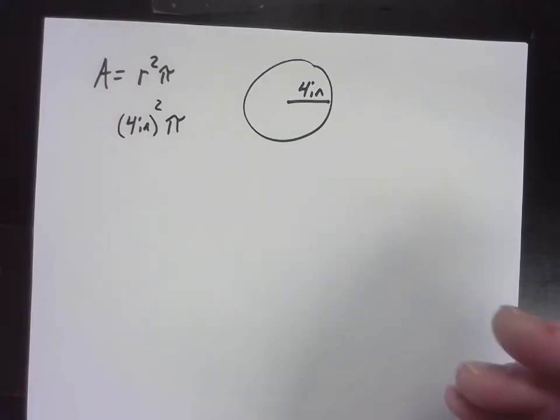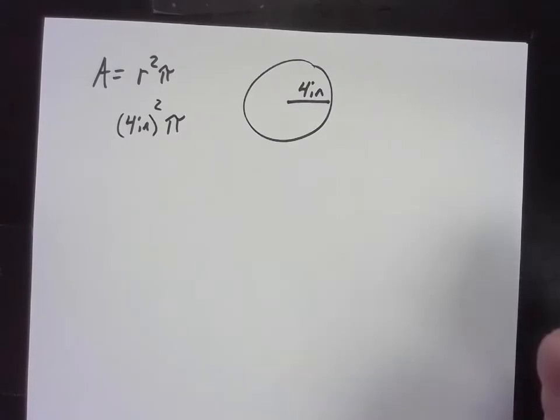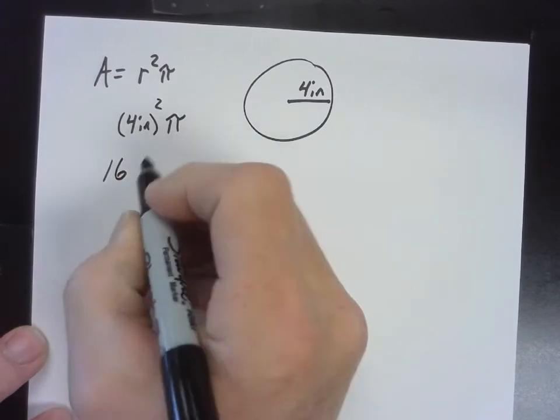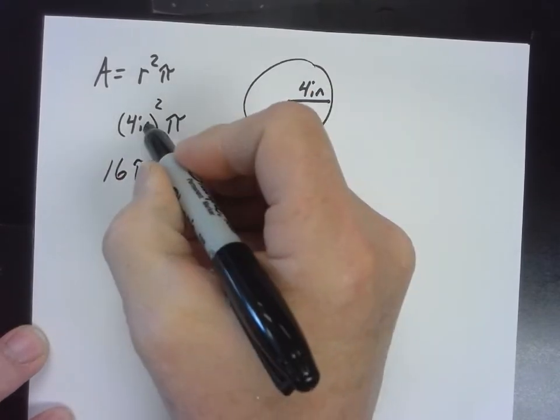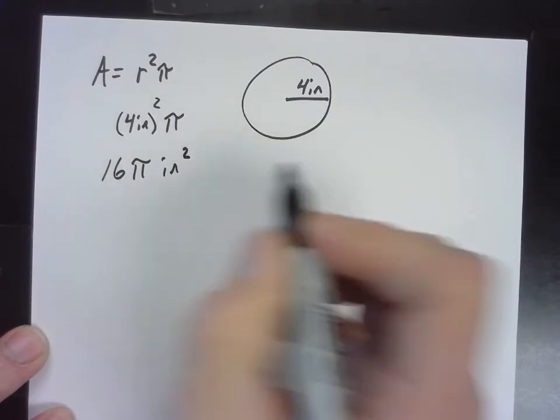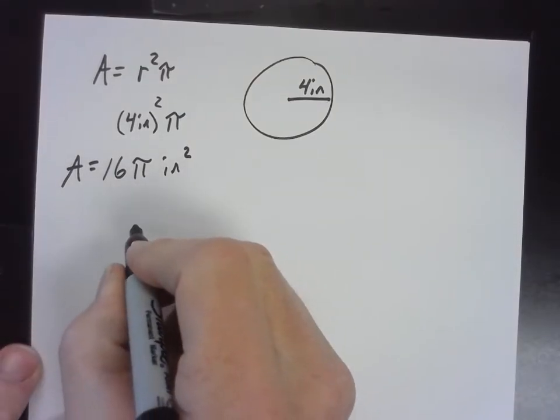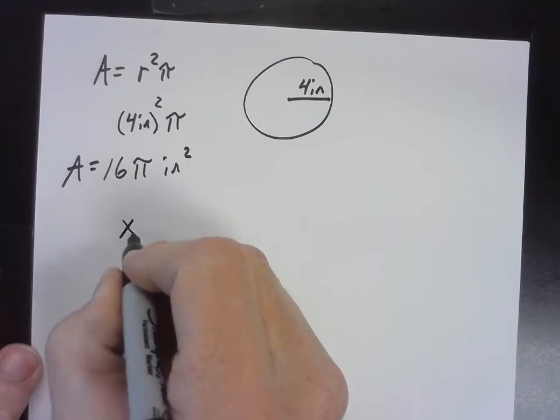Why do I do that every time? I want it to say what it's supposed to say. Without the parentheses, it doesn't say what it's supposed to say. But with the parentheses, it says 4 times 4 times pi, and it also says inches squared. And that's the way we evaluate an algebraic expression. So you're going to be given problems that simply say something like, evaluate this expression.